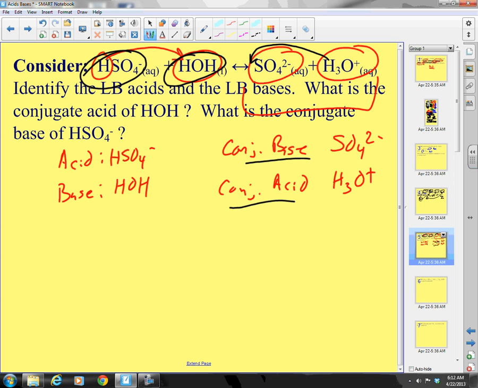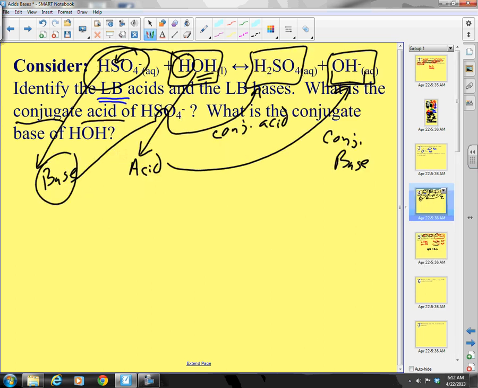Now notice also what's kind of cool here. In this reaction, water was a base, but in this reaction, water was an acid. So whether something is an acid or a base from Lowry Bronsted all depends on how it's used in the reaction. Got it? Okay, moving on.